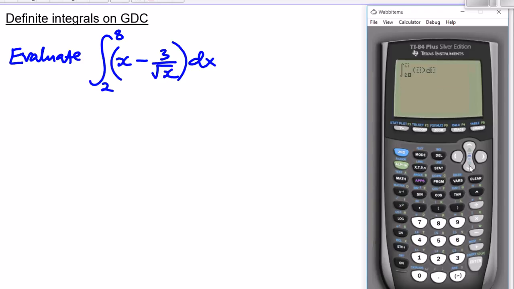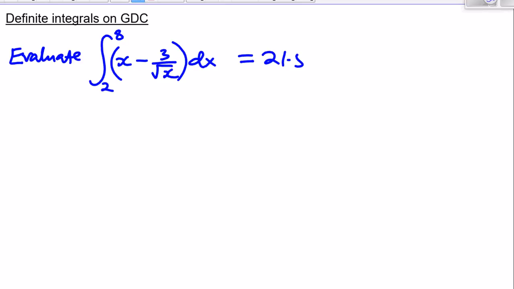The lower limit is x equals 2. The upper limit is x equals 8. Plug in the integrand, which is x minus the fraction here, 3 over square root of x, and we are integrating with respect to x, and your final answer will be 21.5. So final answer will be 21.5.